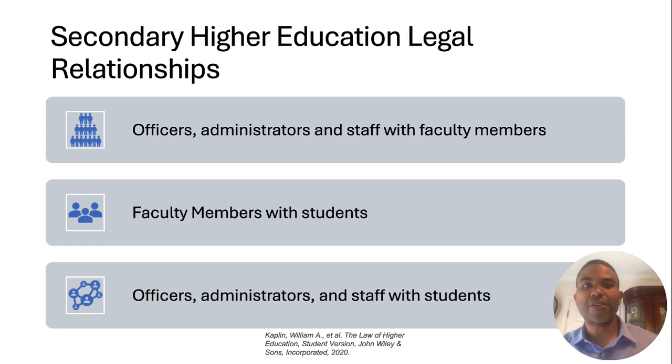Some of the secondary relationships deal with how the officers, administrators, and staff interact with the faculty members, how the faculty members interact with the students, and how the officers, administrators, and staff interact with students.